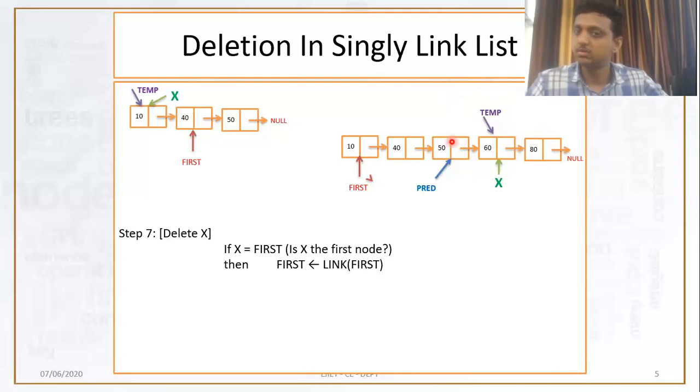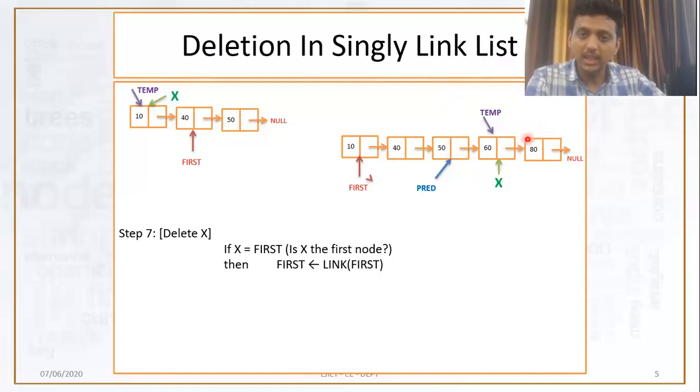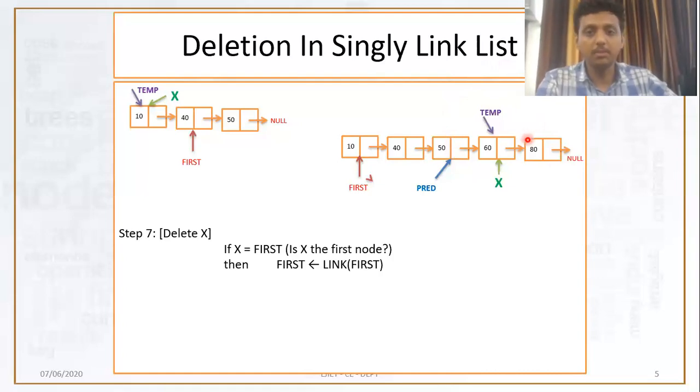You have no name. If we are not taking pred, then we are not able to assign a name to this node. So as I want to connect the link of this 50 node to 80, I have to assign it a name. That's why I took two different pointers. One is temp, which is pointing to x, and pred, which is pointing to the previous position of that node x.